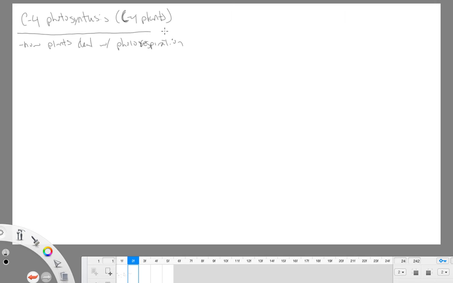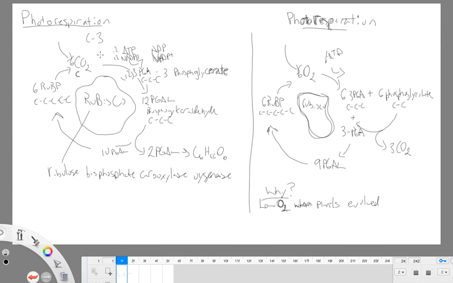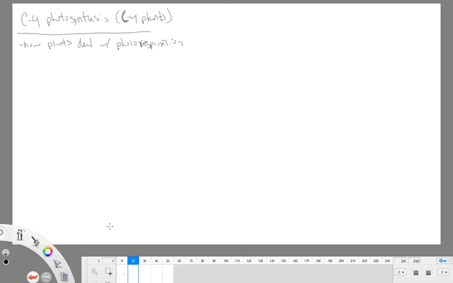Right, and as we just learned, the problem with regular C3 photosynthesis, I'll pull it back up here, is that this Rubisco enzyme, when oxygen is present, will occasionally fix oxygen as opposed to carbon dioxide. And when it fixes oxygen, it's this really inefficient process that we just looked at. So that is what our plants need to address, right?